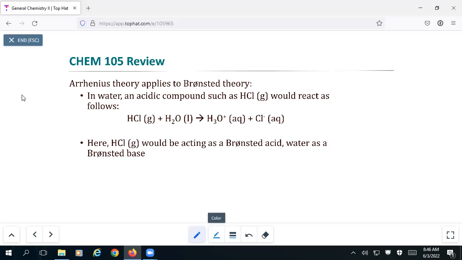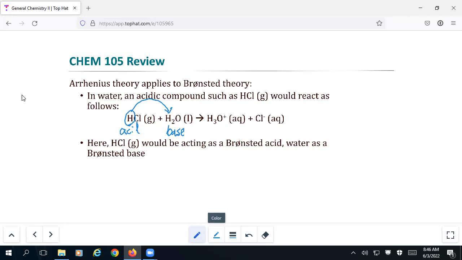So if I had hydrogen chloride here, and this hydrogen chloride was going to give up its hydrogen to the water, we would identify, okay, that is definitely acidic behavior. But by the mere act of taking that hydrogen, that means that the water was acting in a basic way. Under Bronsted theory, I couldn't have one without the other.